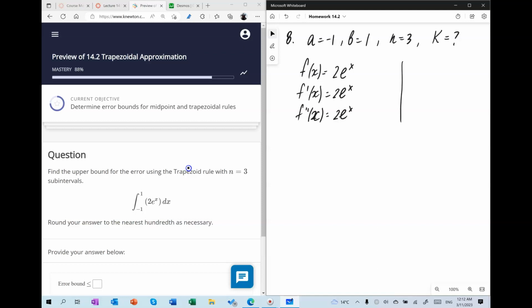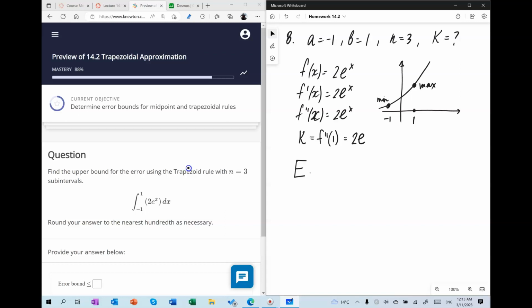Then we acknowledge that it's a monotone function. So it obtains its minimum at -1, and it obtains its maximum at 1. So it doesn't get any larger than its value at 1. So it does make sense to set K equal to 2e.